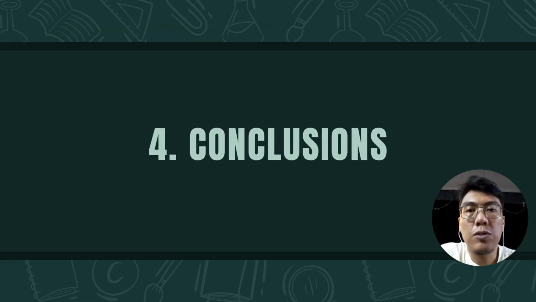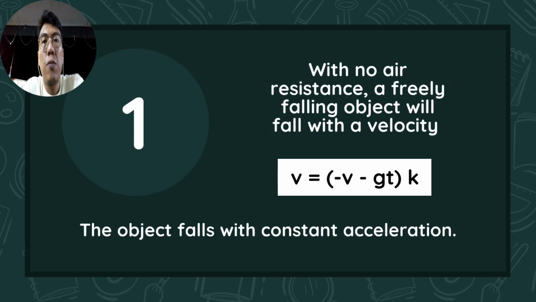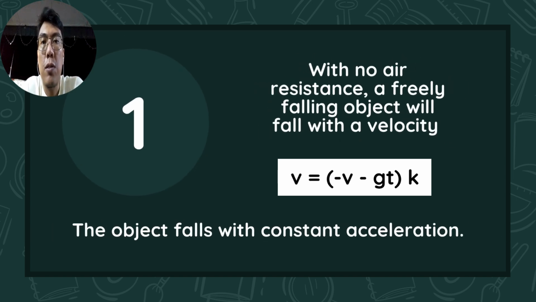Finally, the conclusion. For a falling object with no air resistance, a freely falling object will fall with a velocity v equals v initial minus gt, with a constant k.